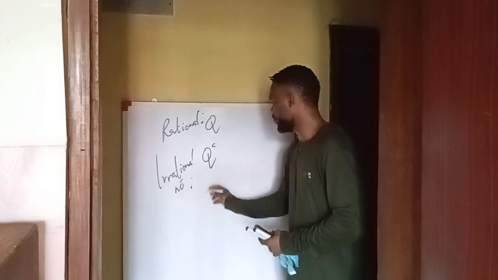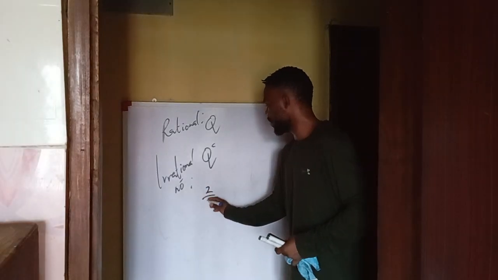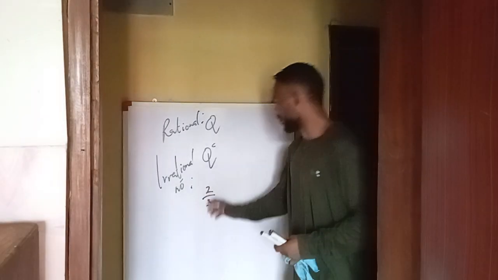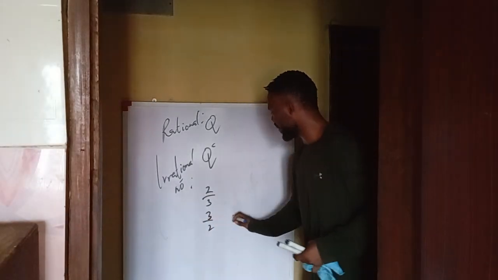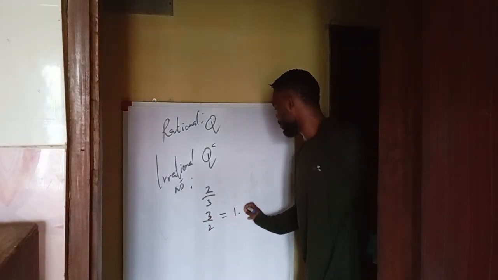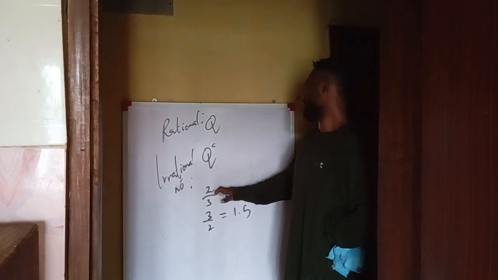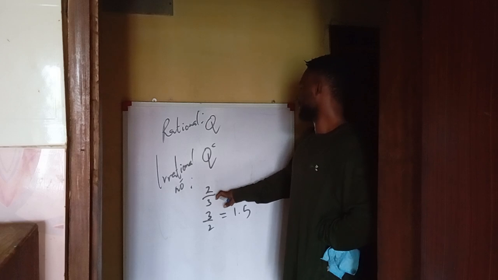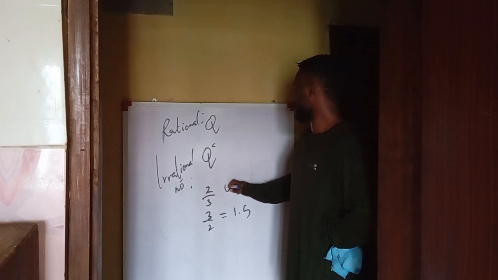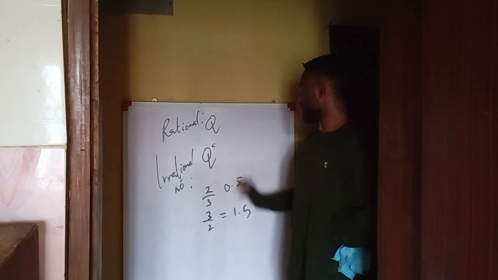We can define rational numbers as the set of numbers with recurring decimals. If I do 3 over 2, it gives me 1.5. If I do 2 over 3, it should give me around 0.5 thereabouts.